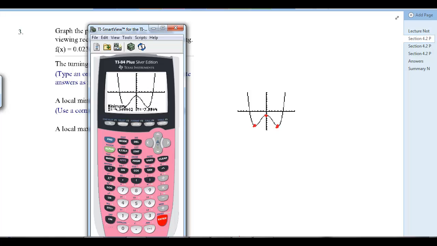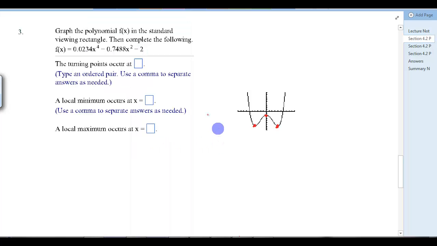We get -4, a lot of zeros, so we're going to call that -4. -7.999, whatever, we're going to round to -8. So we've got -4, -8. That's one of them. So put whole numbers in this kind of question.